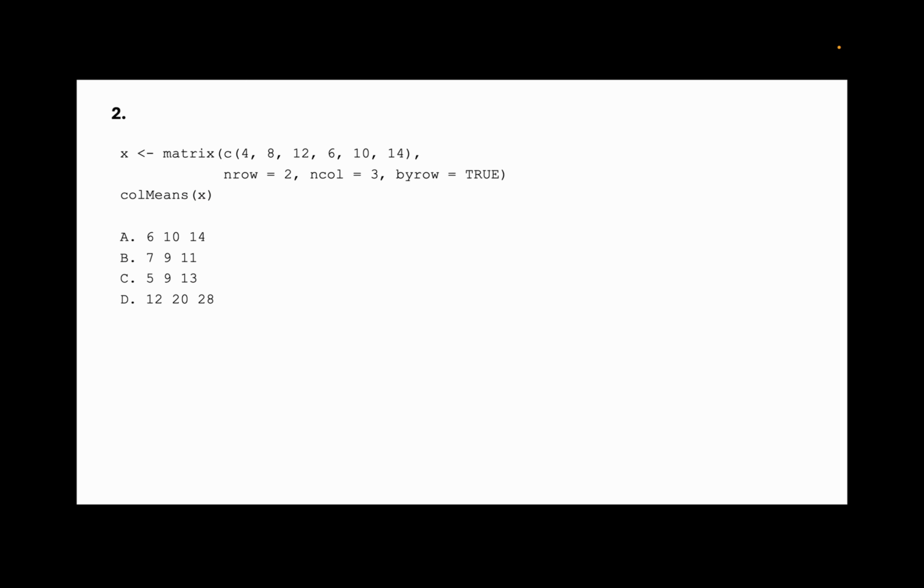Now in the second question, it will have 2 rows, 3 columns, again by row. What will be the column means?